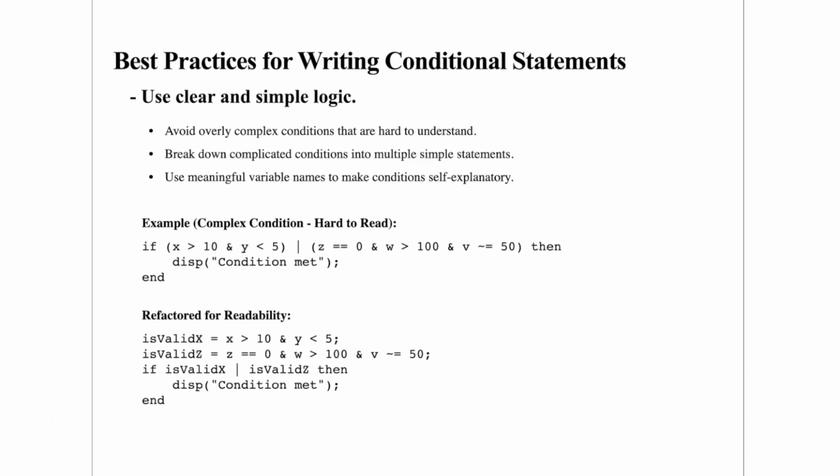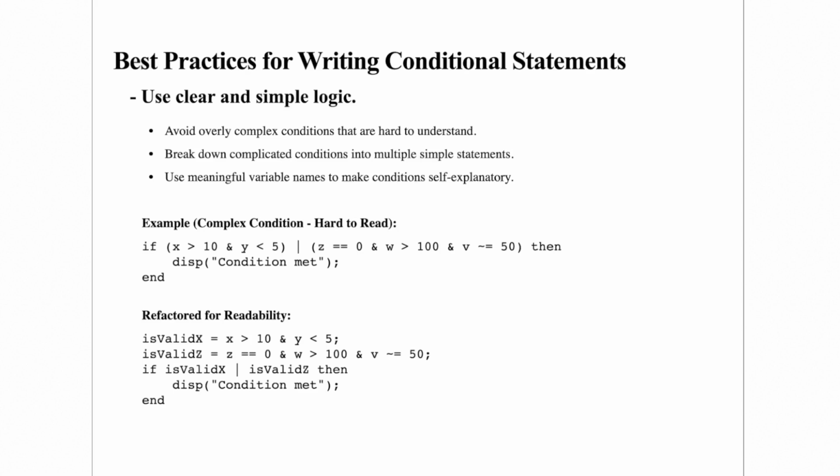So use meaningful variable names to make conditions self-explanatory. I suggest this not only in conditional statements, but in every aspect of programming, like loops, conditions and other functions. Everywhere the variable name should be self-explanatory, because when we read our own code at a later stage, we'll come to know this variable is for that particular purpose.